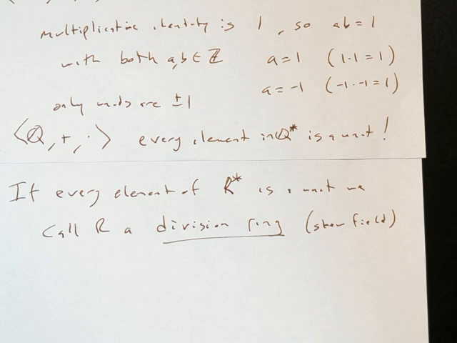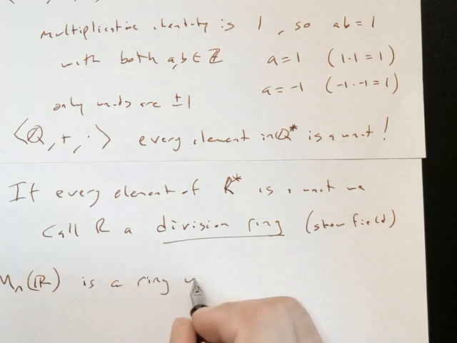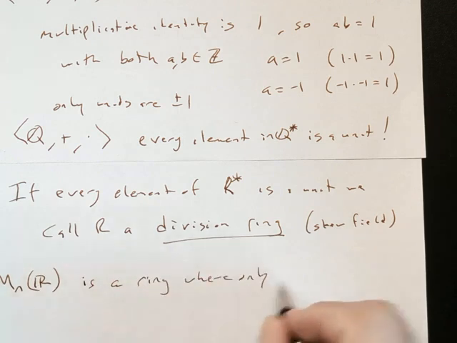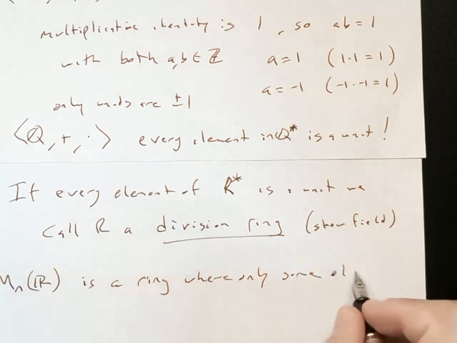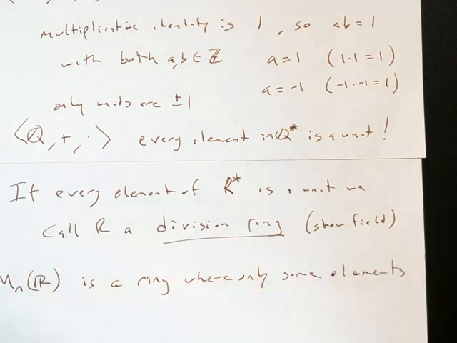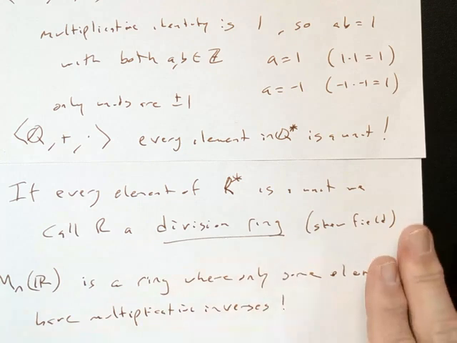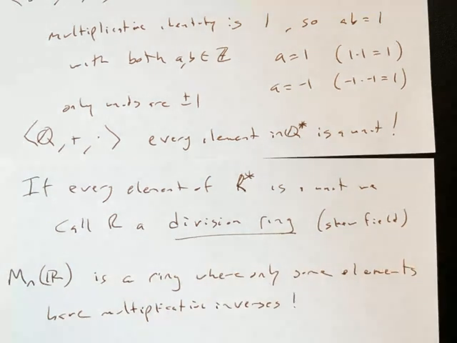Square matrices. Aha! So there's an example of a ring that is not a division ring.